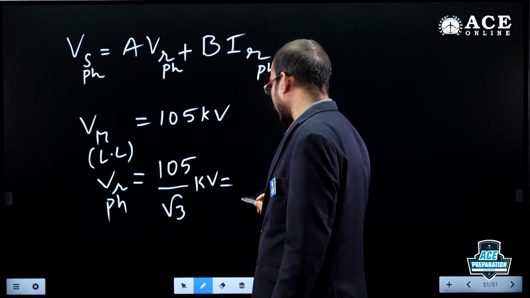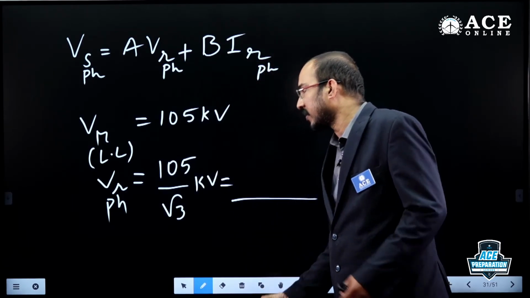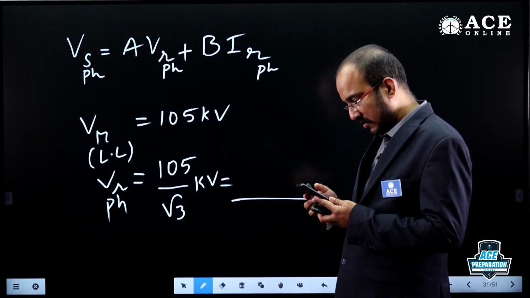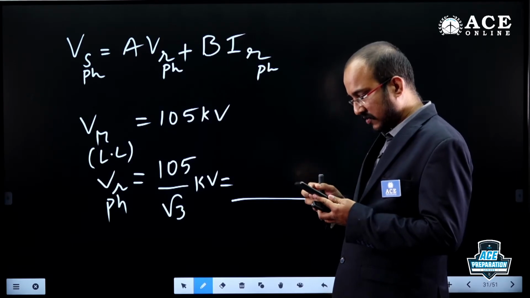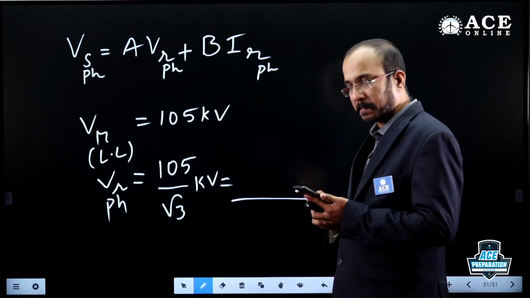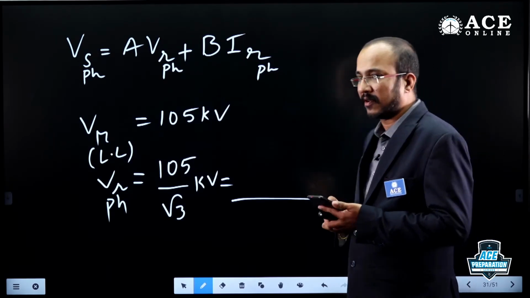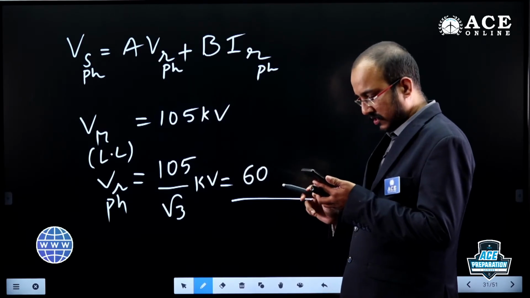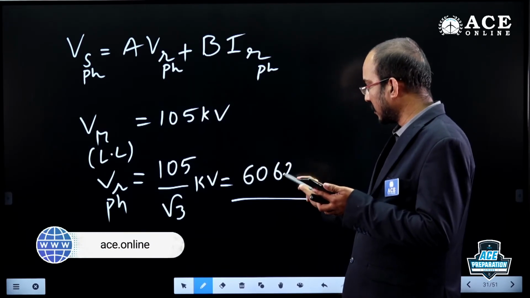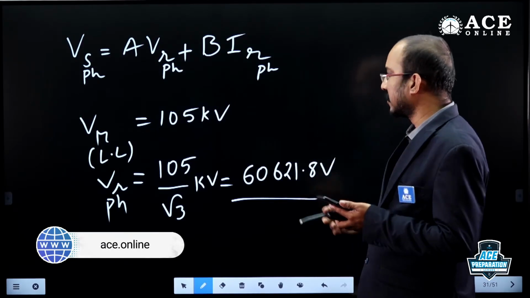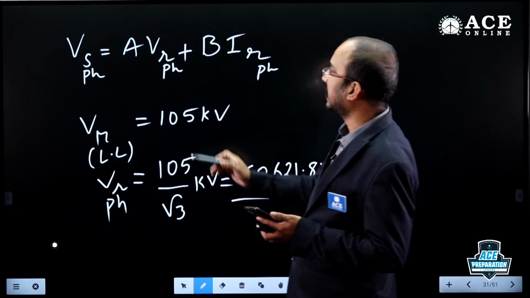Can you calculate and post the answer? How much do you get? If you simplify this, you will get 60621.8 volts.